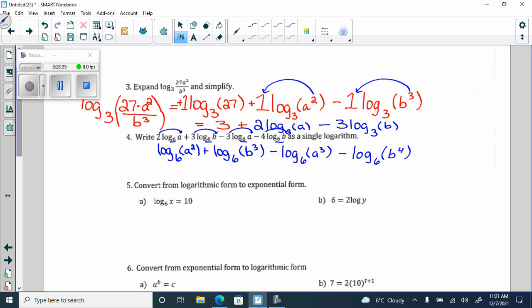Now, do they follow all the rules of being able to put them together? They all have to have the same base, and they all have to have plus or minus 1s in front. Does it follow that rule? Yes, so now we can put them together.